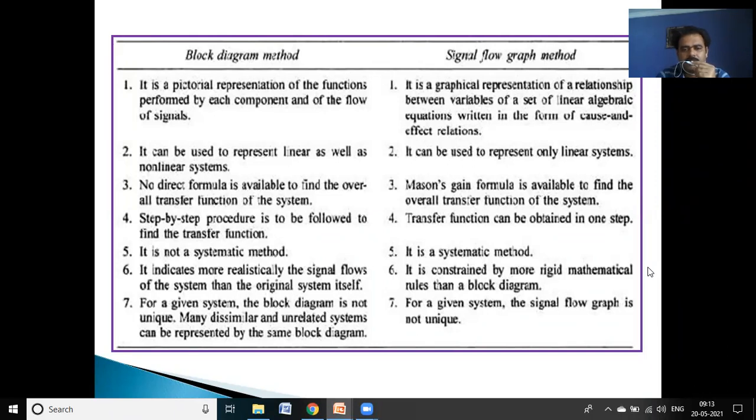Okay, there the field winding is represented with one block. Similarly, armature winding is represented with one more block. The mechanical system is represented by one more block. Like that we have obtained the transfer functions for individual circuits present inside a single motor.